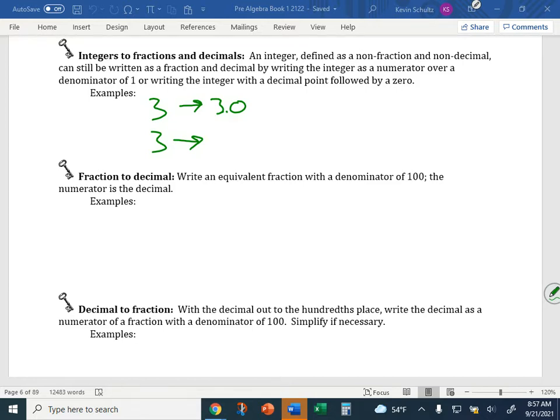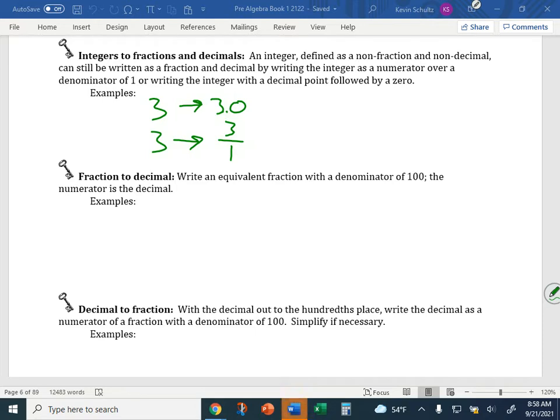I mean, 12/4 isn't wrong, but we would want to write it in simplest form if we were going to do that. 3 over 1, right? Because anything divided by 1 is itself. So 3 divided by 1 is equal to 3, right? So as a fraction, it's the value of 3.